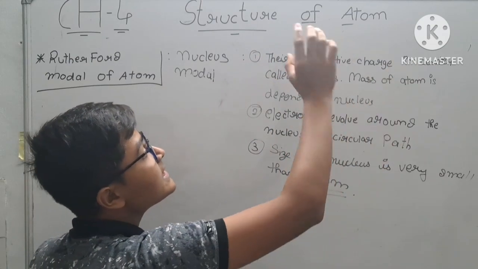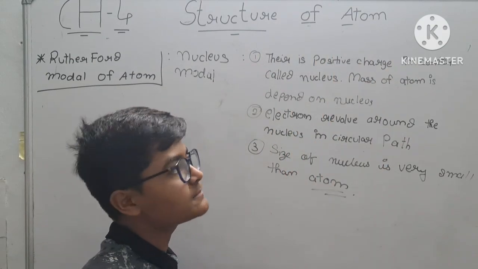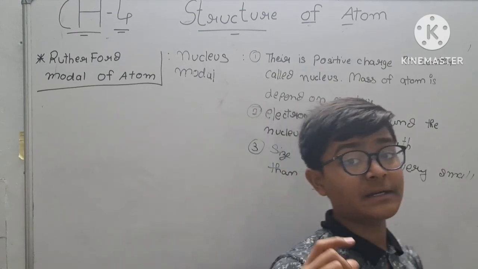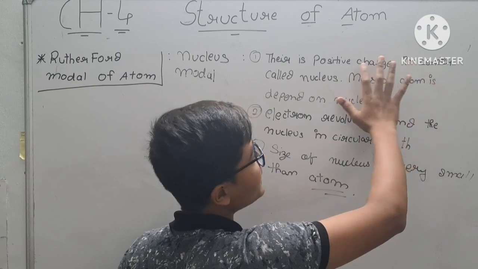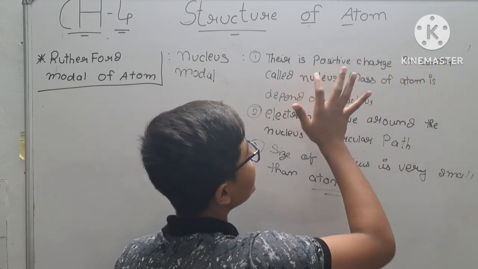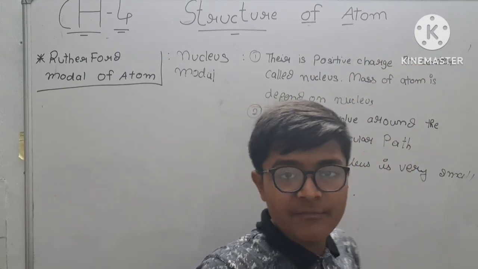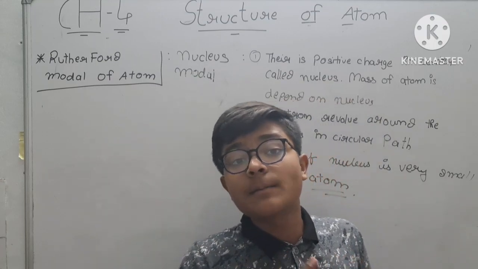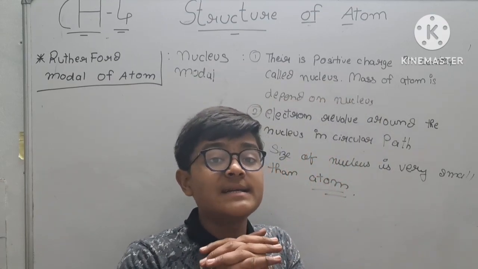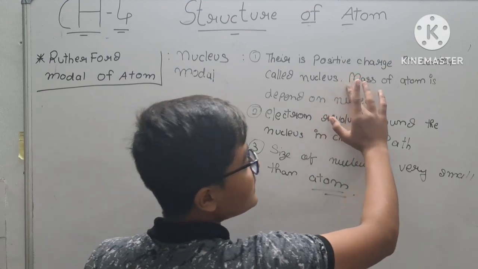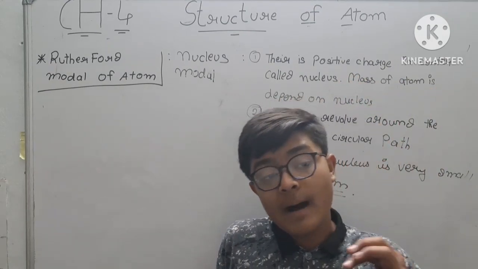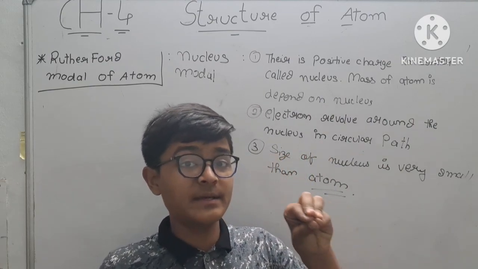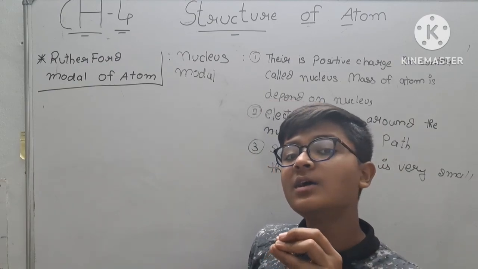First of all, he said there is a positively charged particle in the center called the nucleus. That means, as I have told, the positive charge is present at the center called the nucleus. Then the mass of an atom depends on the nucleus, as I also told, only and only on the nucleus.